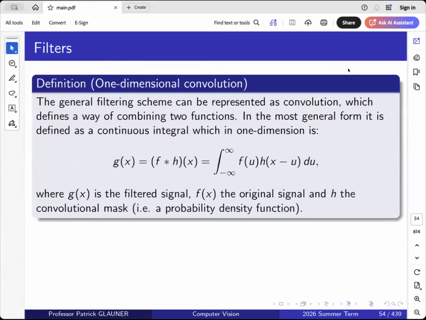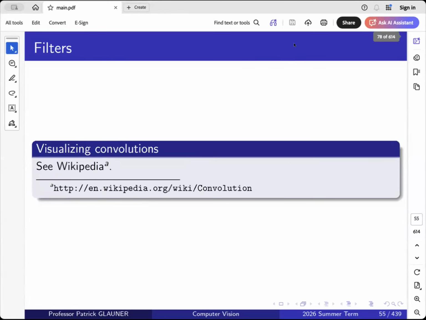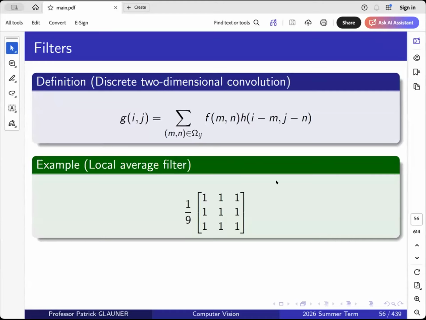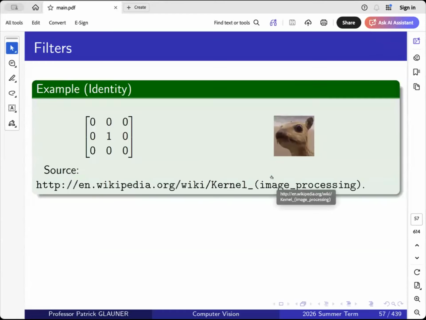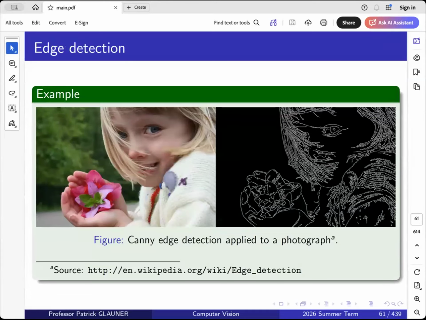We saw this local average filter is eventually just a specific two-dimensional convolution, but we don't care about these integrals here, since this course is taught in a computer science department. We like to have discrete data, so our convolution can be expressed as such an operation or simply in this matrix notation.